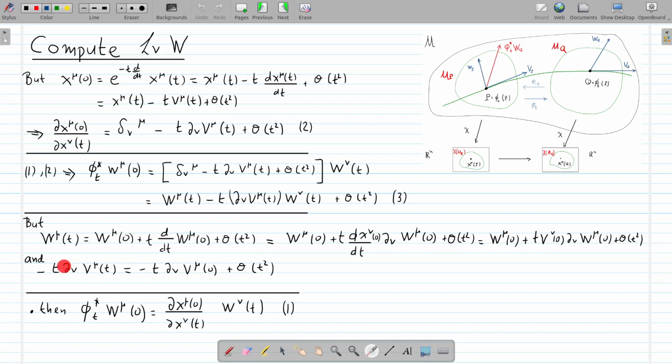Similarly, the value of this derivative here at the point Q is the value at the point P plus terms of higher order.